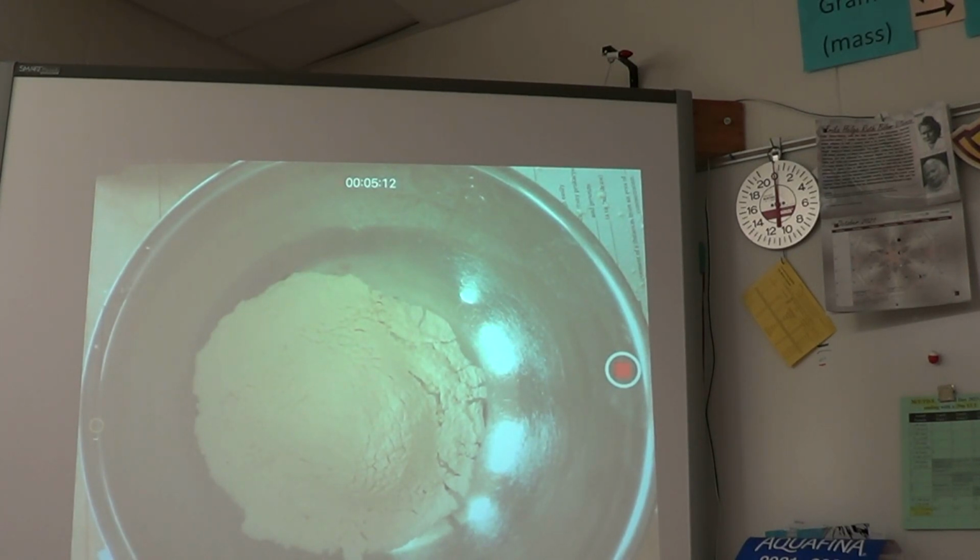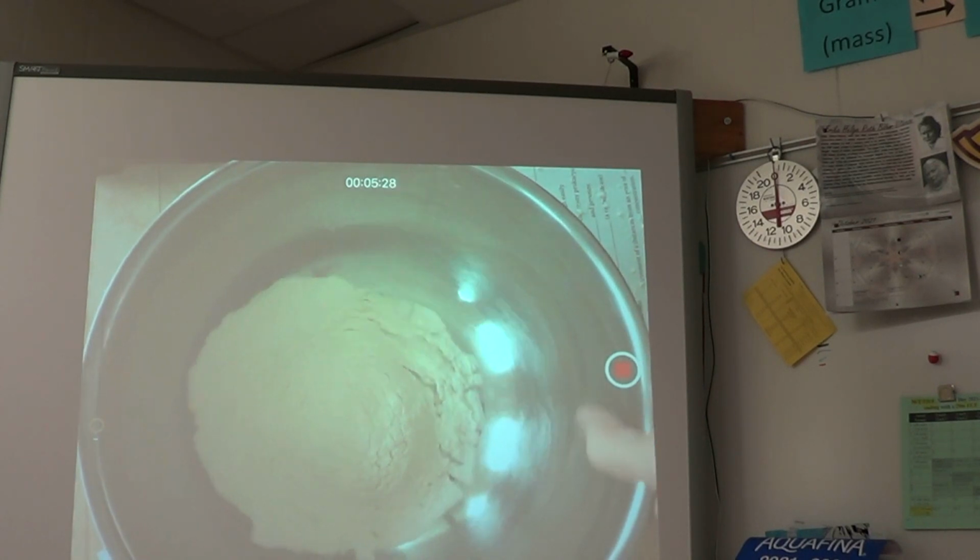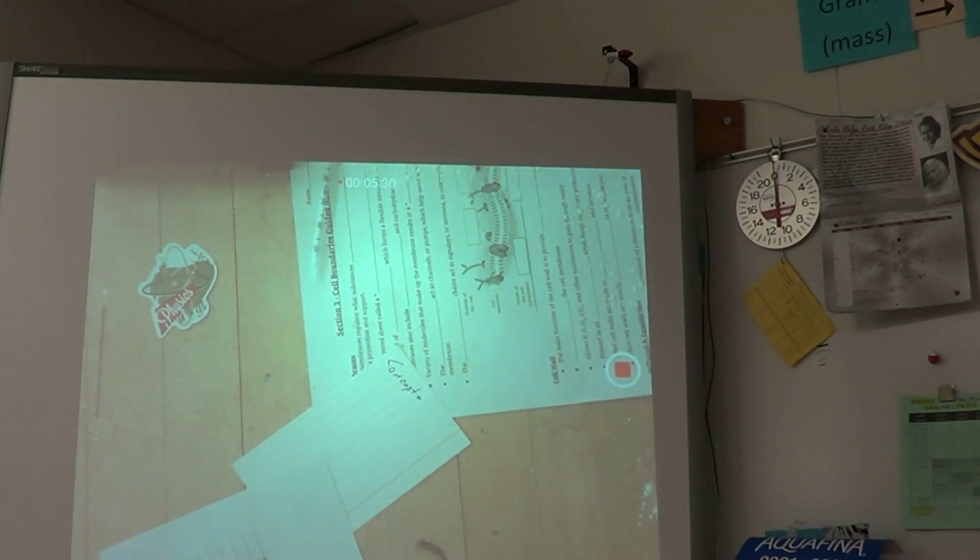No. So different membranes might let some things through differently than others. For example, a door versus a screen door.